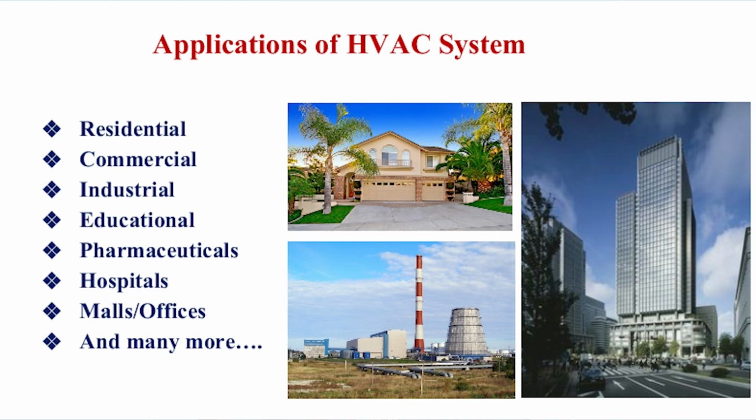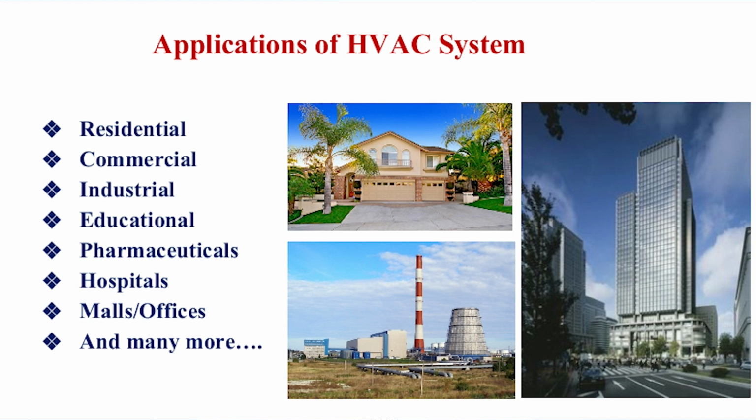Third is industrial use. HVAC systems are necessary in industrial facilities to maintain proper conditions for manufacturing processes. They can control temperature, humidity and air quality to ensure product quality and safety for workers. Then fourth is educational.